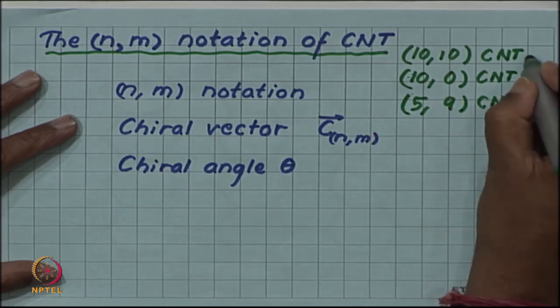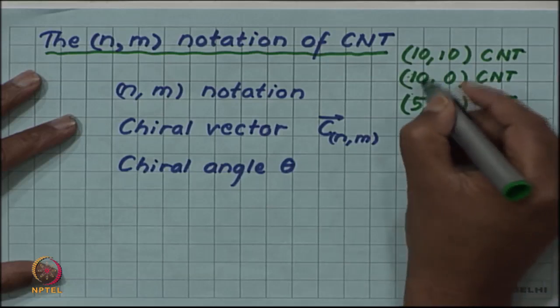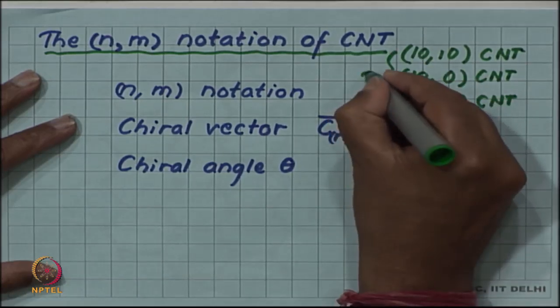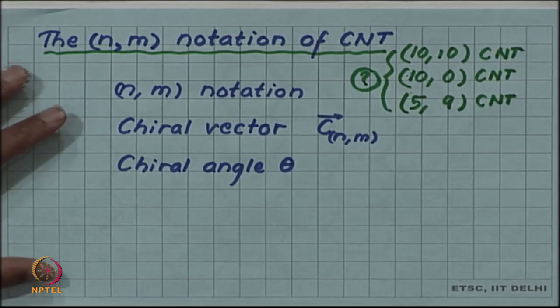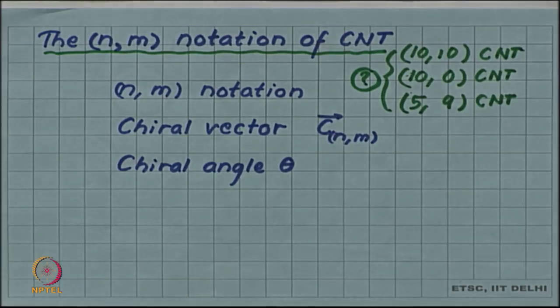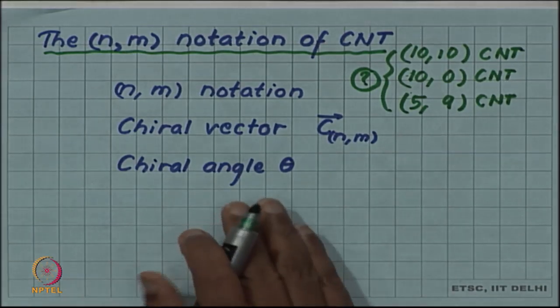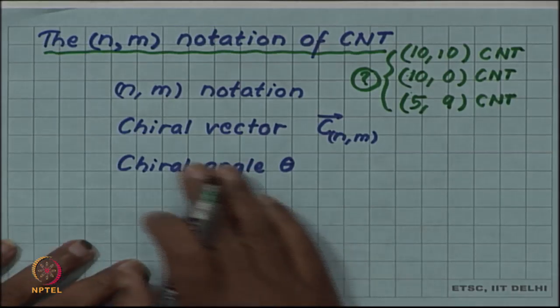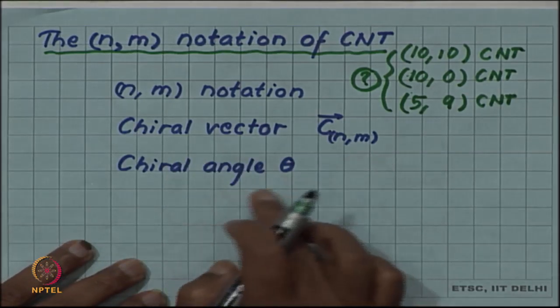The question is, what is the meaning of this notation? This is what we want to explain. We will also define two important concepts which are related: the chiral vector of the tube and the chiral angle.